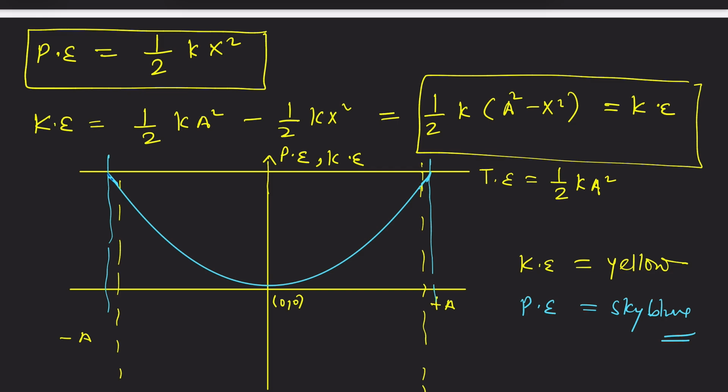It means when x is equal to 0, then the kinetic energy will be maximum. At the mean position the kinetic energy is maximum, and at the extreme position, x will be a, so kinetic energy will be 0. At the extreme position velocity will be 0, so we can say the kinetic energy is also 0. So if I make the curve for this, it will look like this.